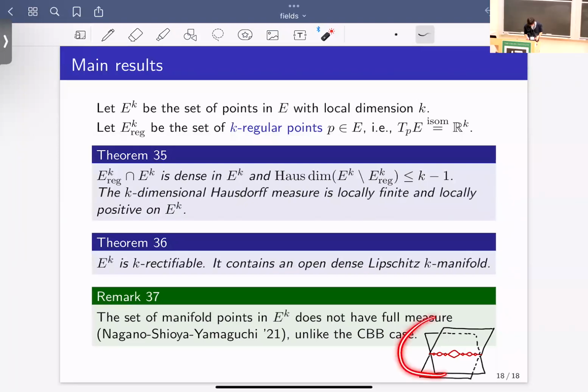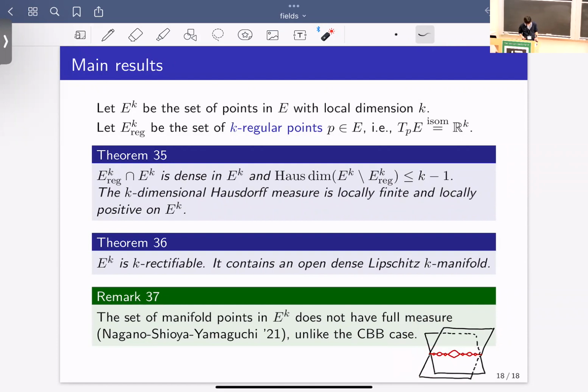The picture looks like this. This is a variant of Kleiner's example of a GCBA space that admits no stratification. So this is basically the gluing of two planes, but the gluing subset is much more complicated.